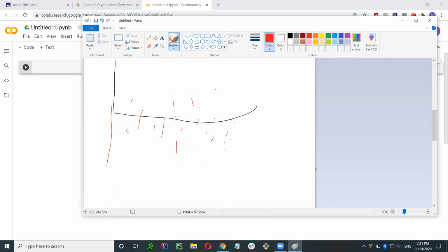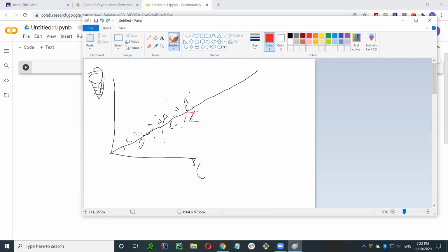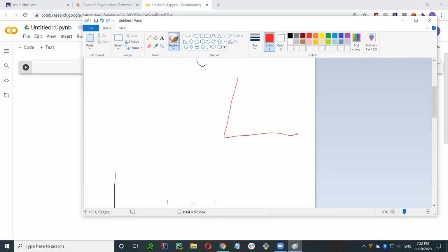You notice something? Let's make an assumption that this is homoscedastic. We hope it's homoscedastic. Homoscedasticity is like this.